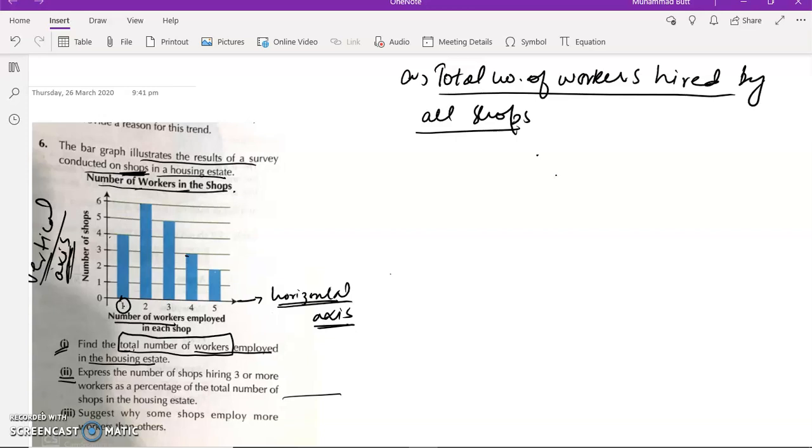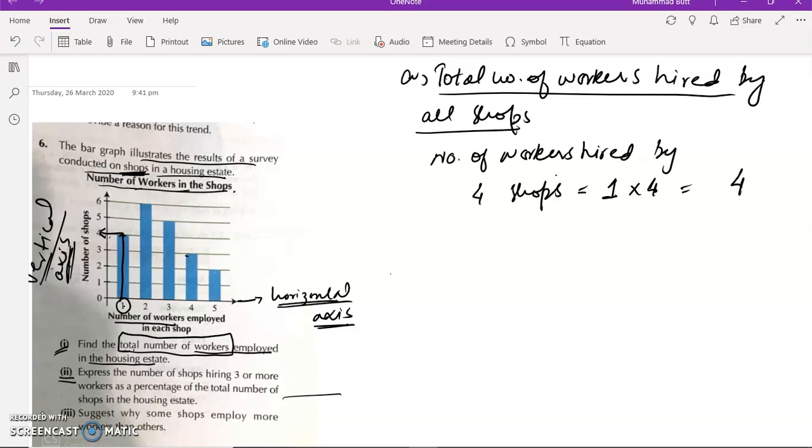It means that one worker is employed by 4 shops. Each shop is hiring one worker, so 4 shops are hiring 4 workers.